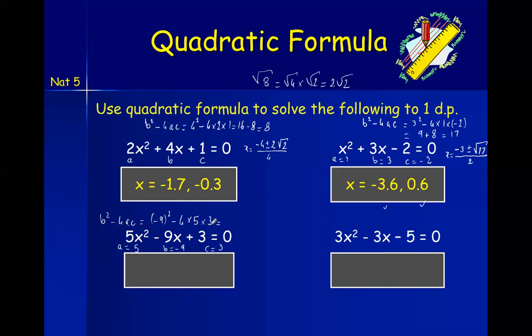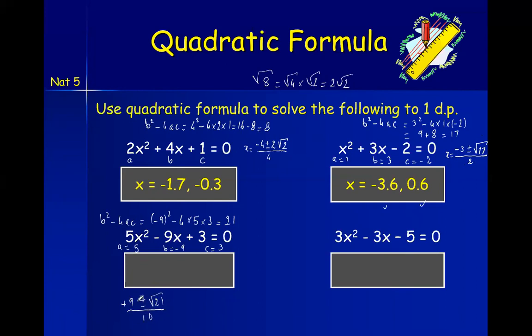Minus 9 squared minus 4 times 5 times 3. That is 21. Positive discriminant, that means I would get two real and distinct roots. So minus b, so that becomes plus 9, plus and minus root 21, divided by 2a, which is 10.